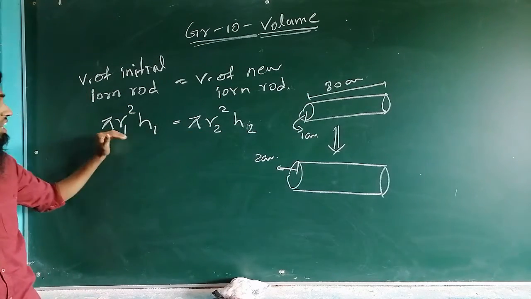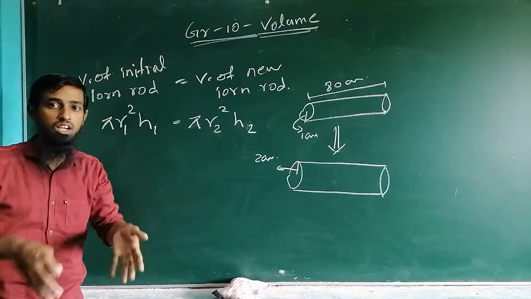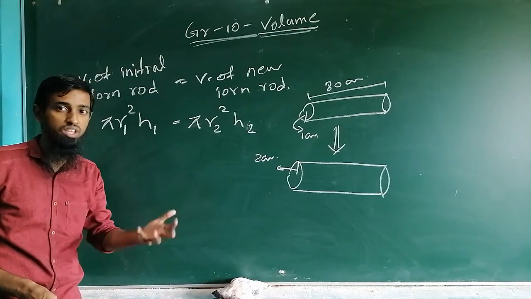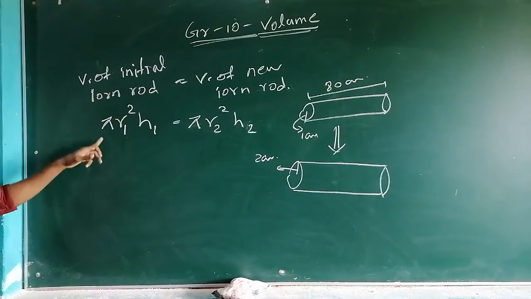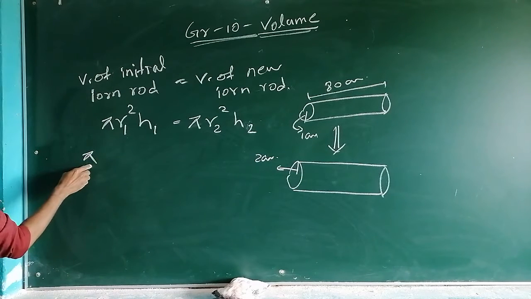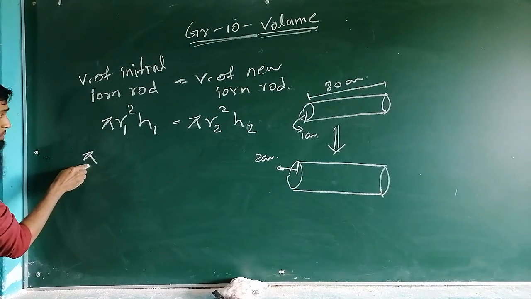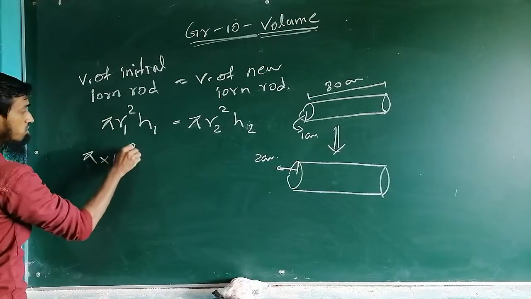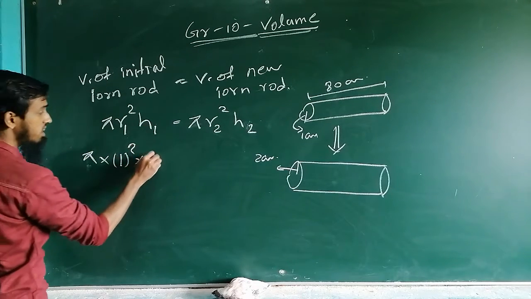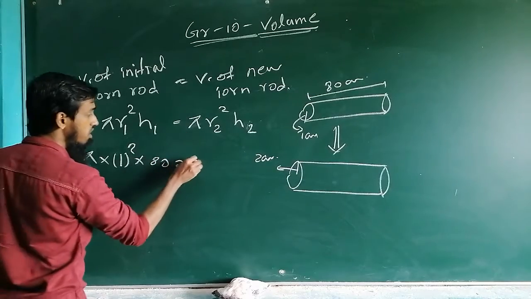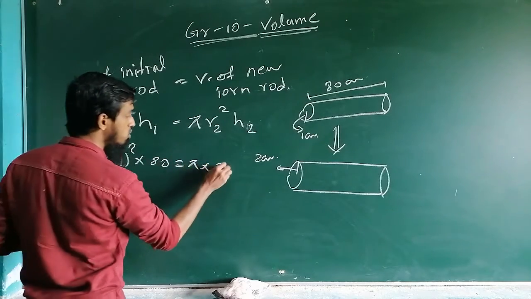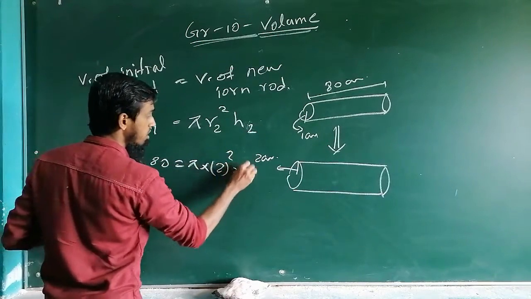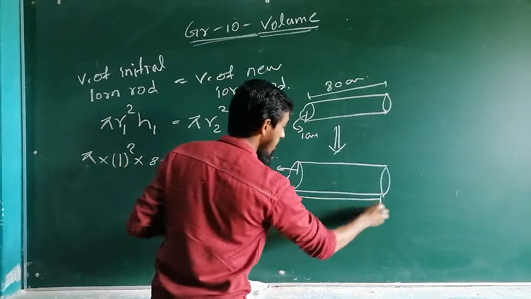If we put pi r squared h on both sides, we can cut it off. So pi, we don't need to represent pi. Radius is 1, so 1 squared, and the length is 80. Pi, now the radius is 2 squared. We'll put the height as h.